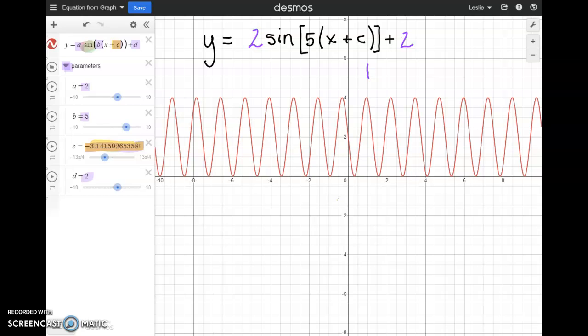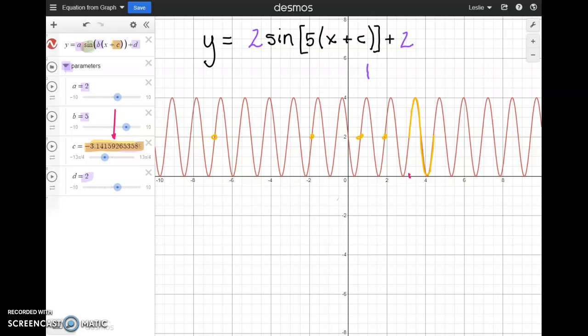The c value that's given in this case would seem to indicate that I have to start here and go for each sine graph rather than starting here. Pencil's not working very well. Starting there, or starting there, or starting here, or starting here.